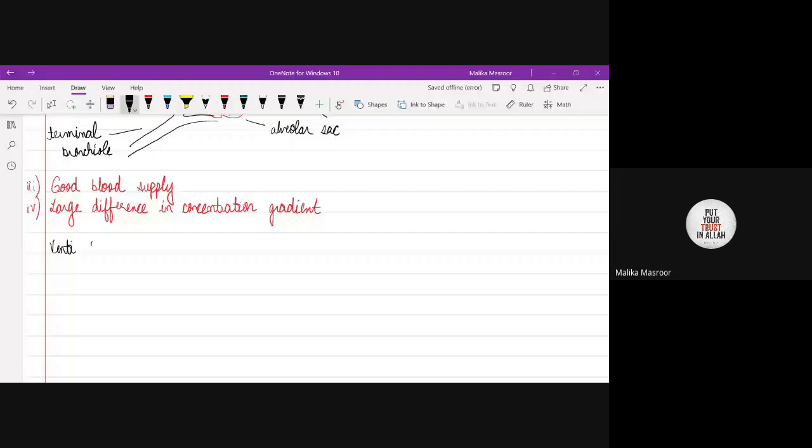Ventilation, the process of inhalation and exhalation.